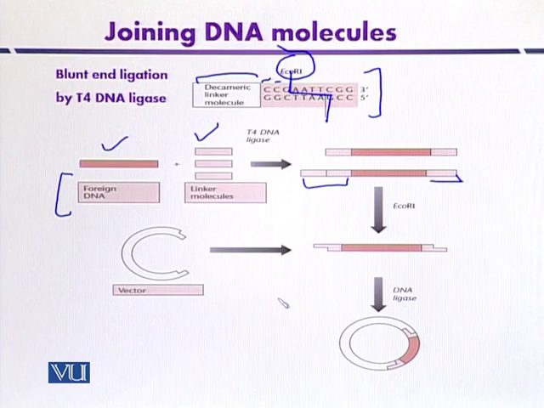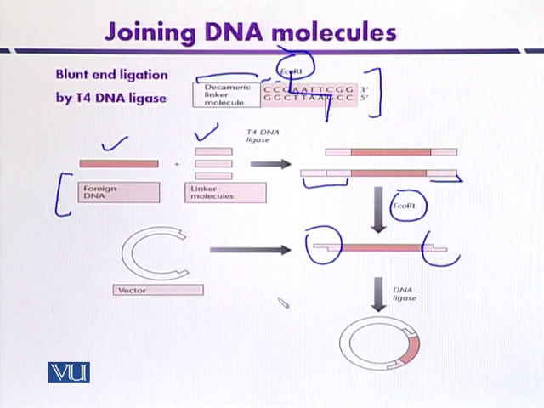Now this linker molecule contains the restriction site for the EcoR1 enzyme. So before ligating with the vector molecule, it is treated with the restriction enzyme EcoR1 so that we can get cohesive or sticky ends.